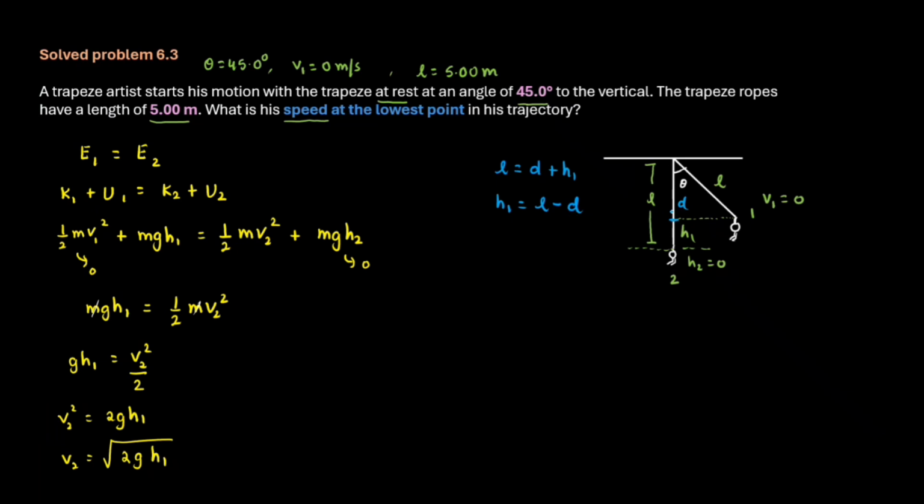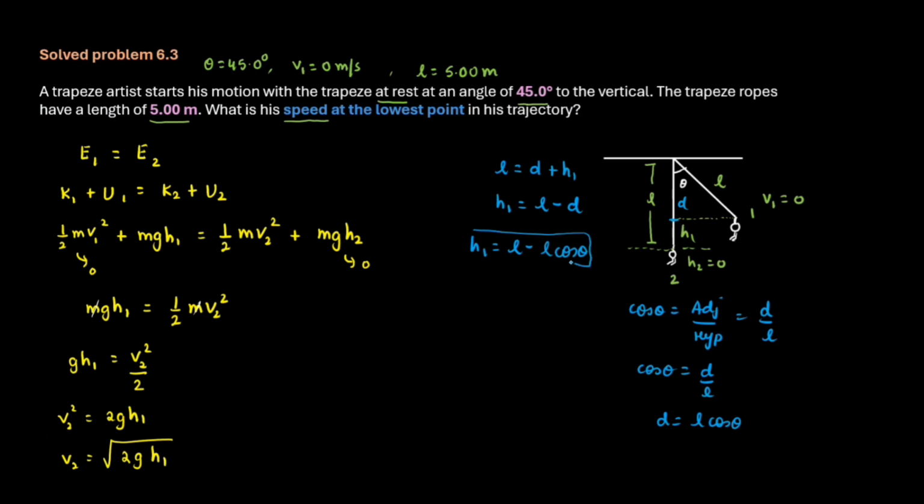Now d is the side adjacent to the angle theta, so I can find d using the cosine of the angle theta. Cosine theta is equal to the adjacent side over the hypotenuse, which is d over L. You can rewrite d as L cosine theta. Substituting this in the expression for h1, we get h1 equal to L minus L cosine theta.